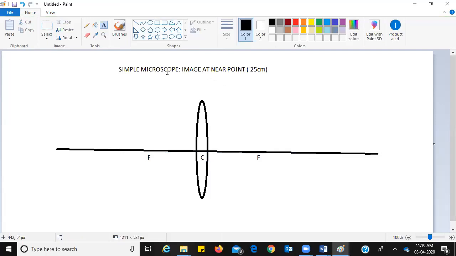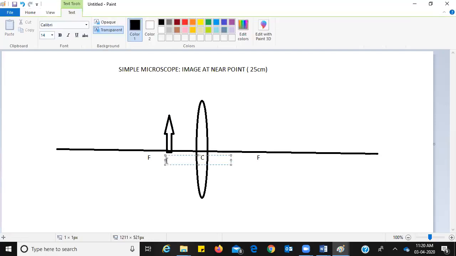Where should you keep the object for near point image formation? Between F and the optical center. Don't keep it too close to F, because if the object is at F, the image is formed at infinity, so it's hard to get within the paper.